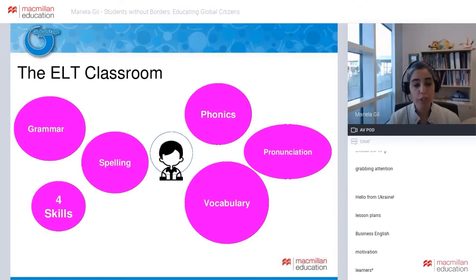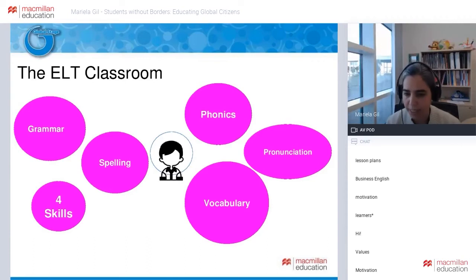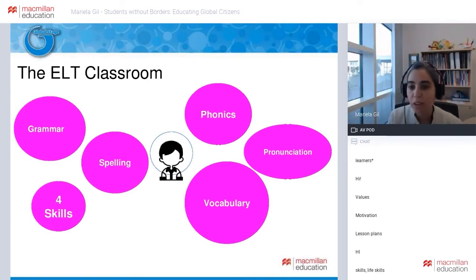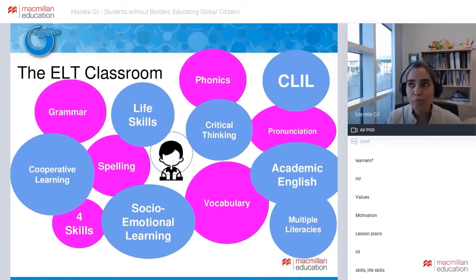We deal with grammar, with teaching spelling, with teaching phonics, pronunciation, vocabulary, the 4 skills. And then on top of all of the natural English related aspects of teaching, we're also juggling so many things that we're aware of as English language teachers. Often teachers tell me that as the English language teacher in their institution, whether it's a school, university, whatever it is, they're sometimes bringing in and more aware of trends, of methodologies, and bringing that into your classroom, along with everything else that has to do with English.